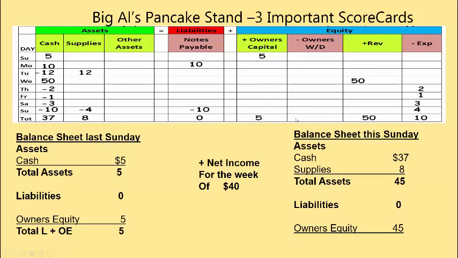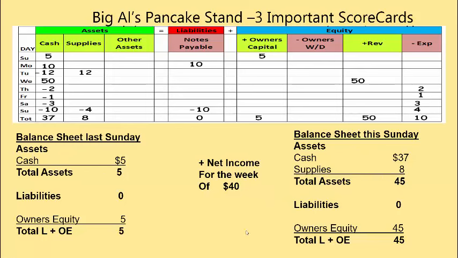And so 55 minus 10 is 45. And that means that if you look at this, our assets were $5 and we had income of $40, and that gives us total assets at the end of the week of $45. So that's how these two balance sheets and income statement basically are connected together.